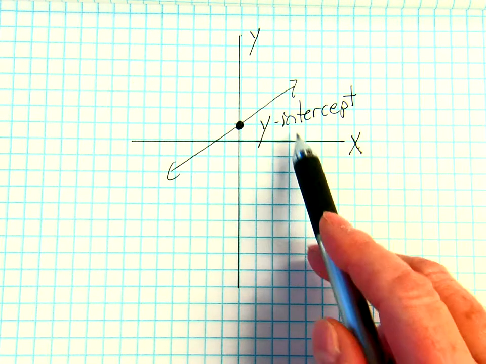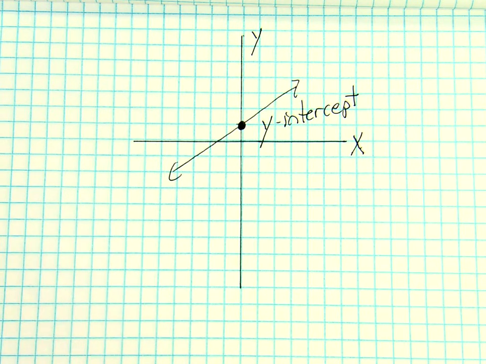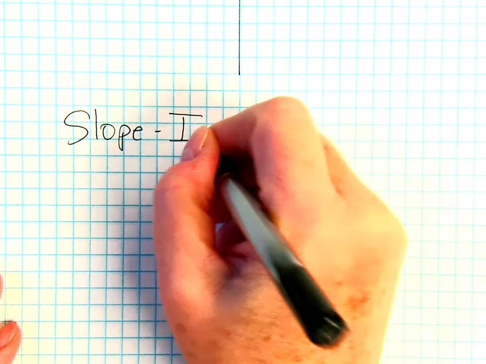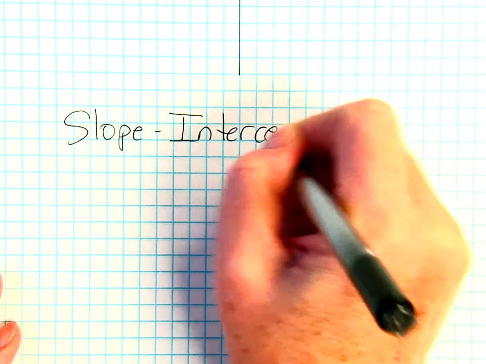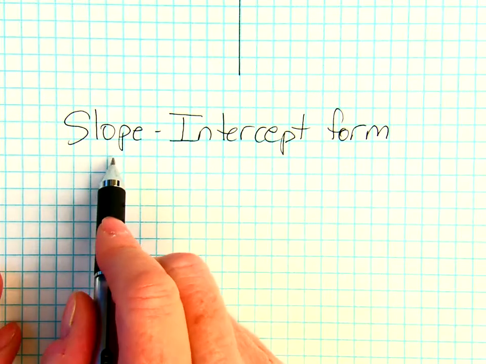This is important to understand, this concept of the y-intercept, okay? And you'll see as we go along. So the actual slope-intercept form of the equation, slope-intercept form, we know what slope is.